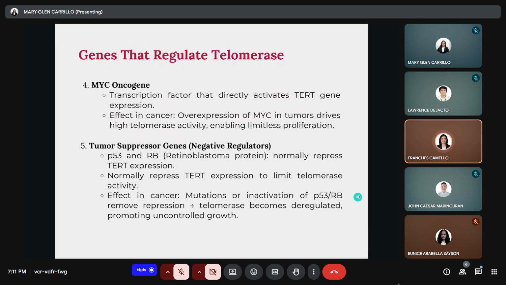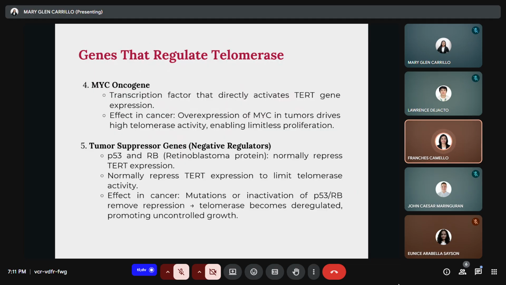And for the fifth one, we have tumor suppressor genes, specifically P53 and RB. P53 and RB, or the retinoblastoma protein, normally repress TERT expression. So they suppress TERT and keep telomerase off in somatic cells. But in many cancers, P53 and RB are mutated or inactivated.